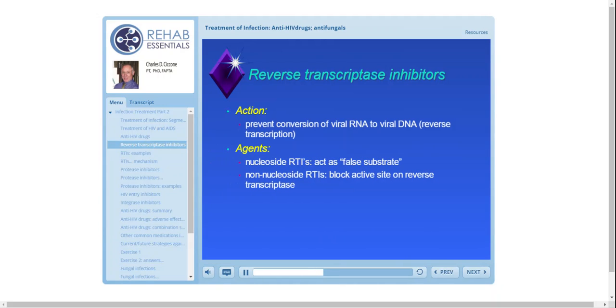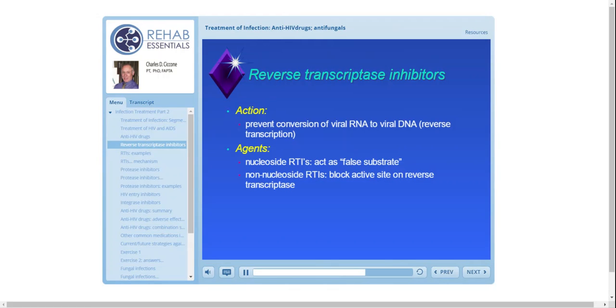And we see there are 2 subcategories of this group. The nucleoside drugs act as false substrates. What this means is the drug substitutes itself for the normal RNA building block, and the enzyme goes to work on the drug but doesn't get anywhere. I make the analogy, it's like having a puppy that chews up your favorite shoes.